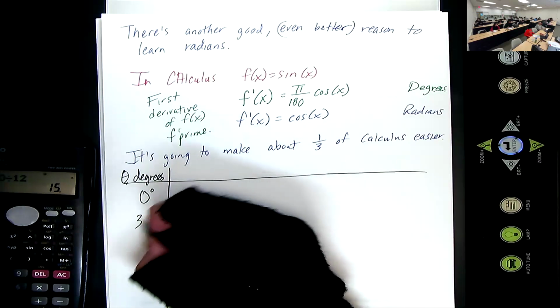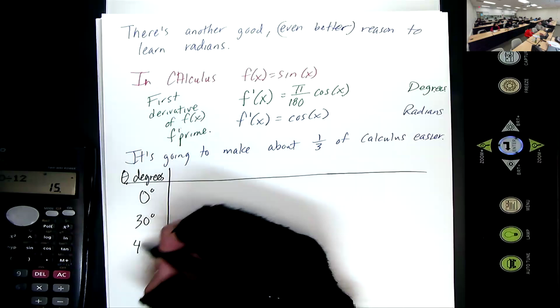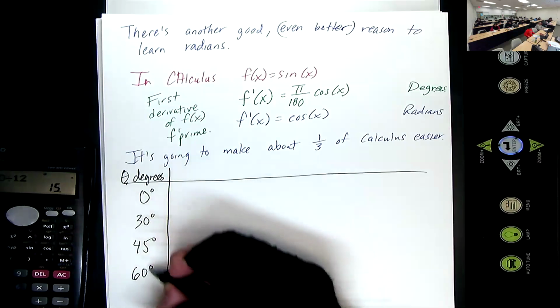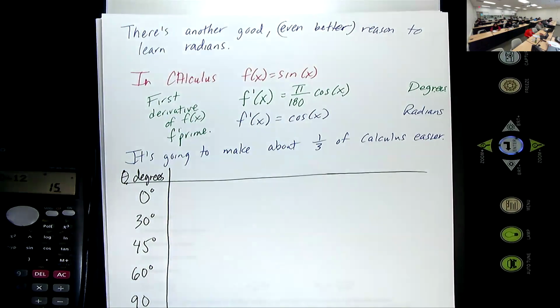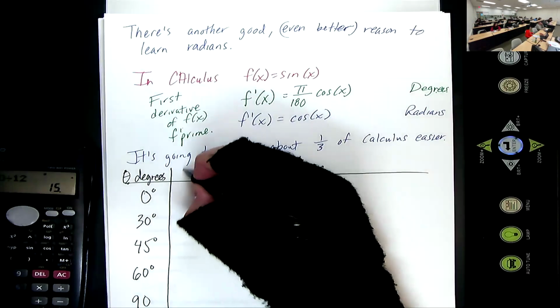These were pretty important. I asked you to memorize the sine and cosine, right? What are these in radians?